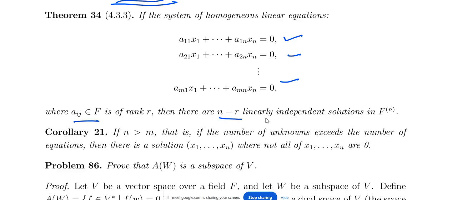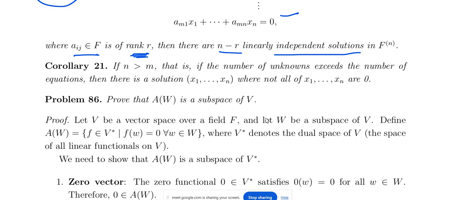Here there are m equations and n variables, and rank r means there are n minus r linearly independent solutions. If you look at the 12th standard, you can understand that for a homogeneous system of equations, the rank is the dimension; if there are n independent variables, then n minus the rank r is the number of linearly independent solutions of that homogeneous system of equations.